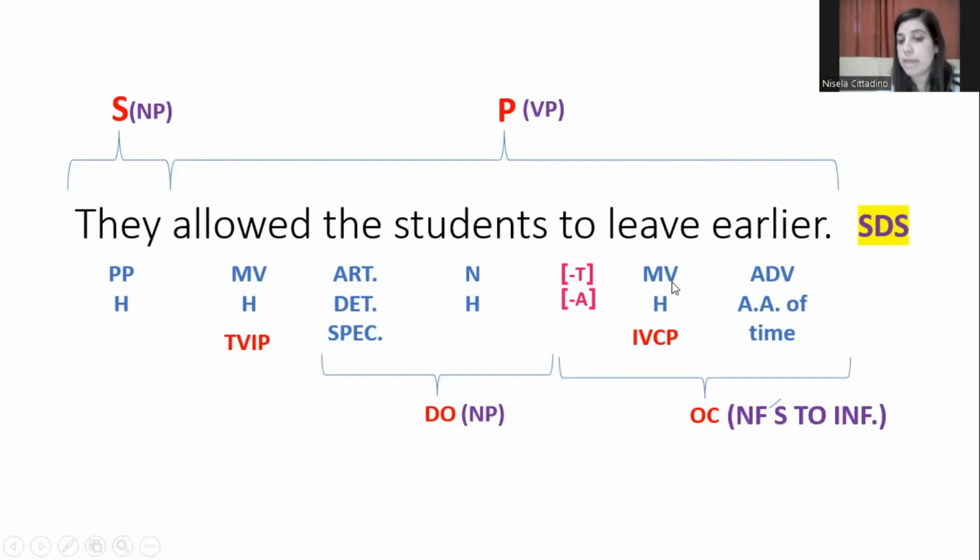Leave is the main verb and the head of the clause. And it is an intransitive verb of complete predication. Intransitive because it doesn't have any object after it. Yes, to leave earlier, you need no object. Earlier here, at first I thought it was an adjective because of the comparative form.